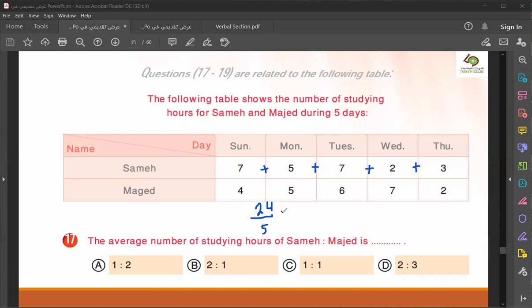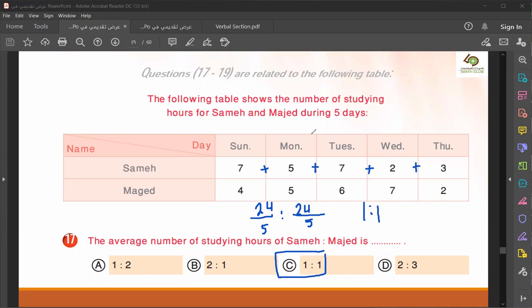Divided by 5. Also Majid, we add 4 plus 5, 9, plus 2, it is 11, plus 13, also equals 24 over 5. That is the same. When you divide it, you find the same. So the answer is number C.